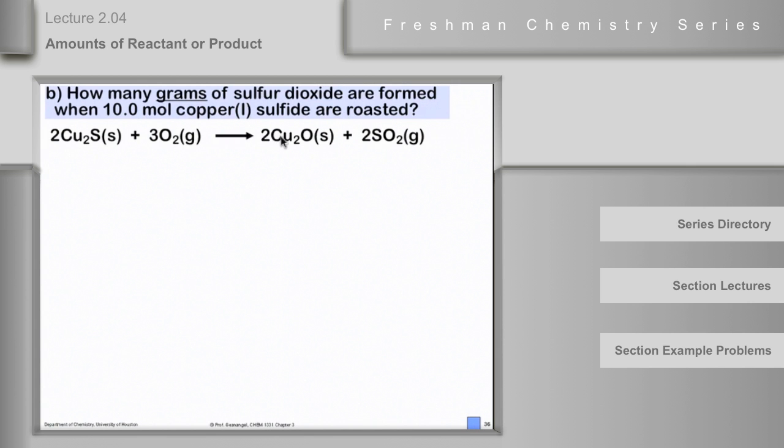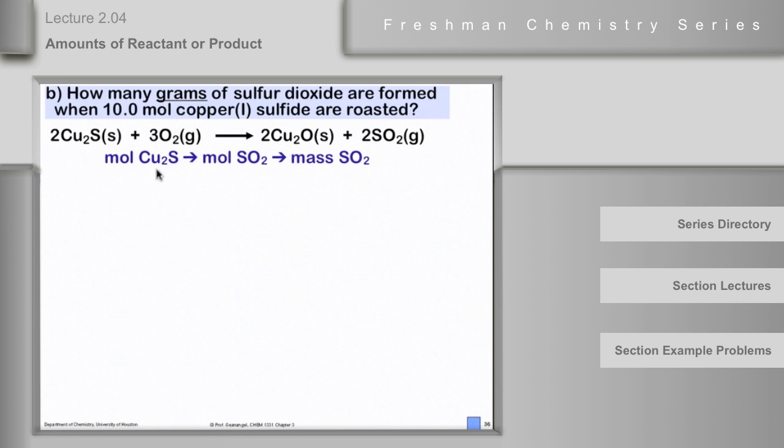Again, here's the balanced chemical equation that we had before. And what we would like to do here is make a plan. I strongly recommend that if there's more than one step to whatever you're doing, you write down a plan, kind of a roadmap, something to guide you as you go along so you won't stray off the path.